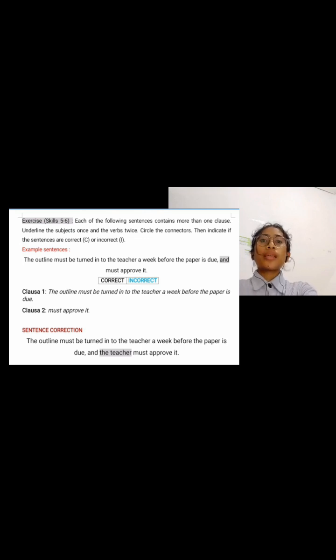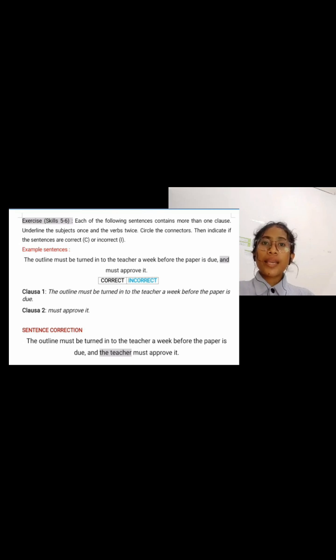is as follows. The outline must be turned in to the teacher a week before the paper is due and must approve it. Okay guys, let's identify the subjects and verb in each clause. The first clause is the outline must be turned in to the teacher a week before the paper is due. In the first clause, the subject is the outline and the verb is must be turned in.